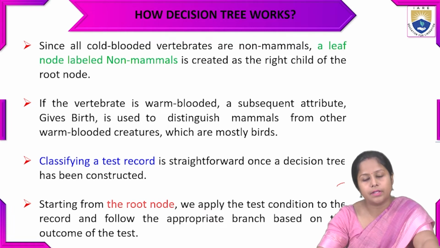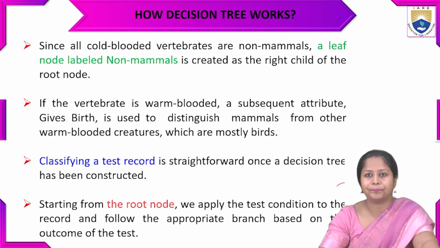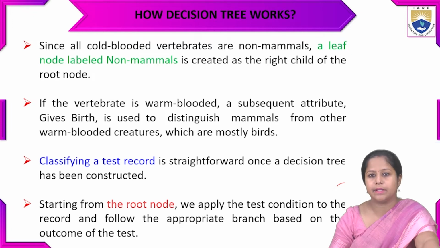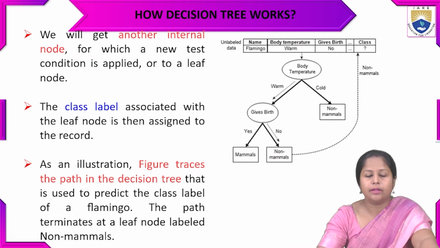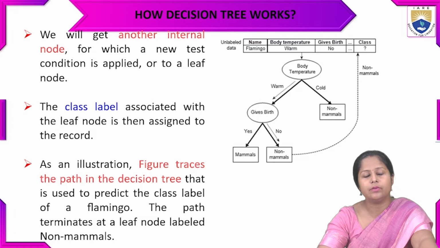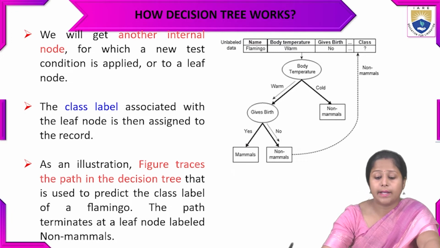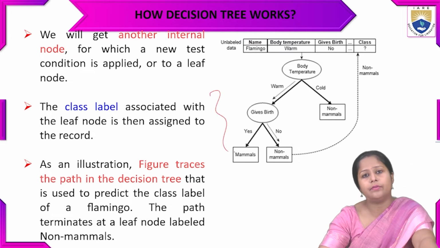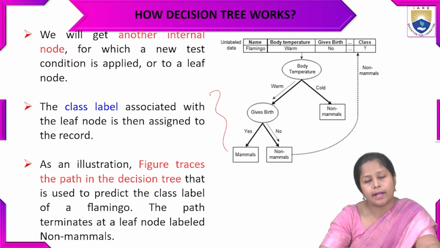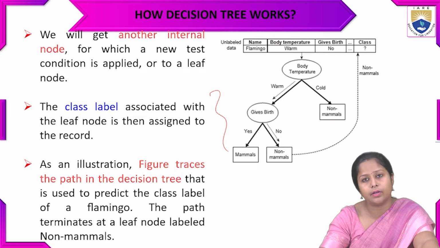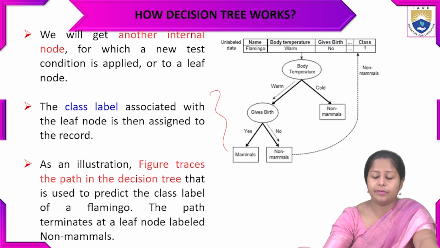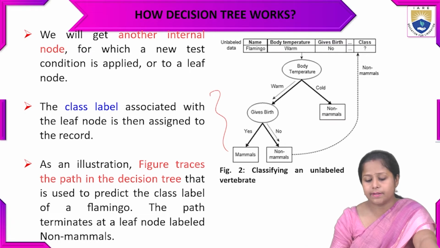These are the few conditions we take care of while representing a decision tree. We will reach either another internal node, for which a new test condition will be applied, or a leaf node. The class label associated with the leaf node will then be assigned to the new record.